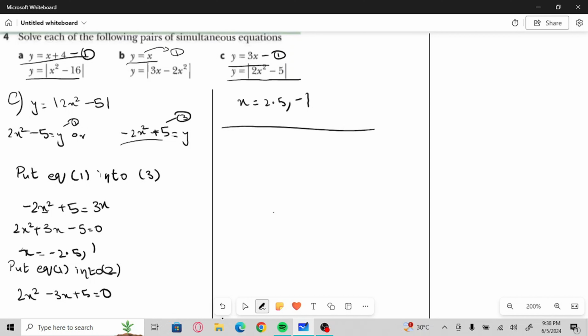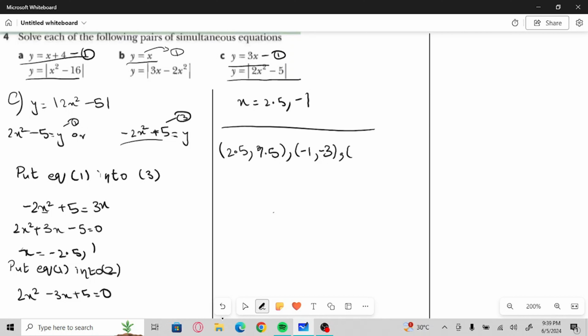We have to first find the y-values for all of these x values. So just use the calculator to make it really fast. So y equals 3x. 2.5 multiplied by 3 is equal to 7.5. So 2.5 and 7.5 will make one set. The second set: x equals minus 1, so y equals minus 3.